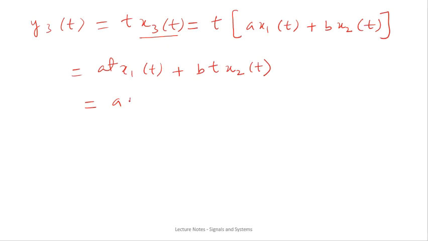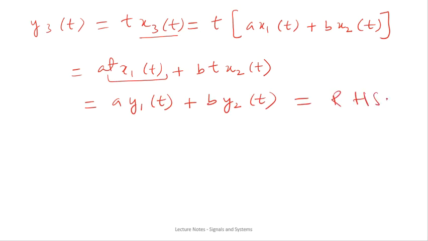So this is nothing but a y1(t) plus b y2(t), because T of x1(t) corresponds to y1, which we have already seen in the previous slide. So this is equal to the RHS, and we started from the LHS of the equation.